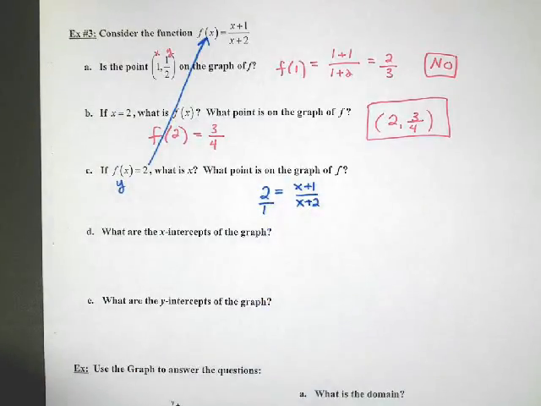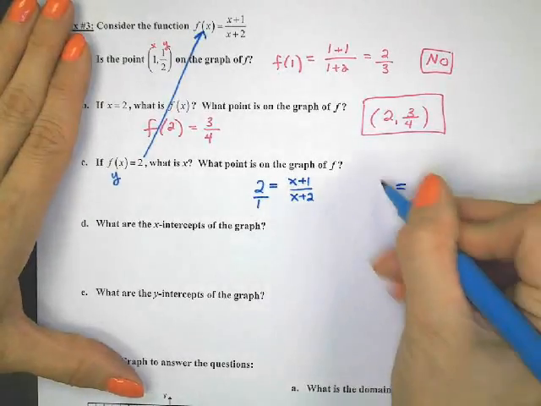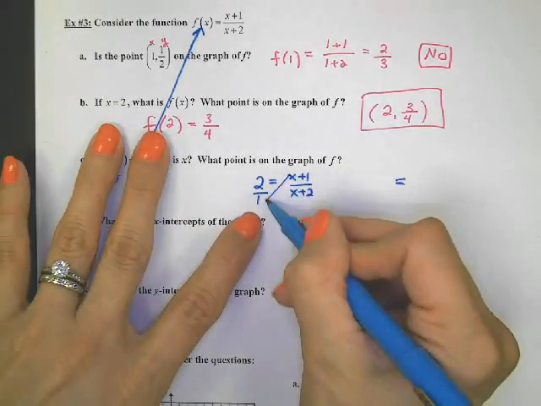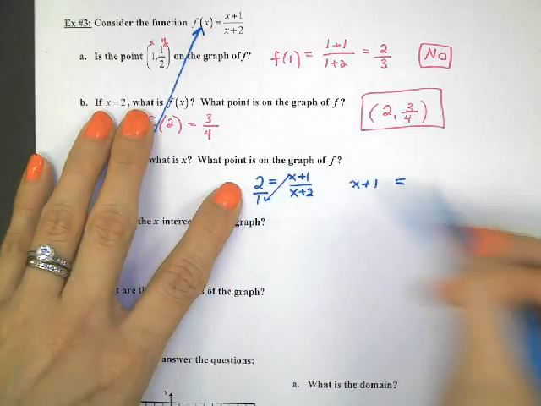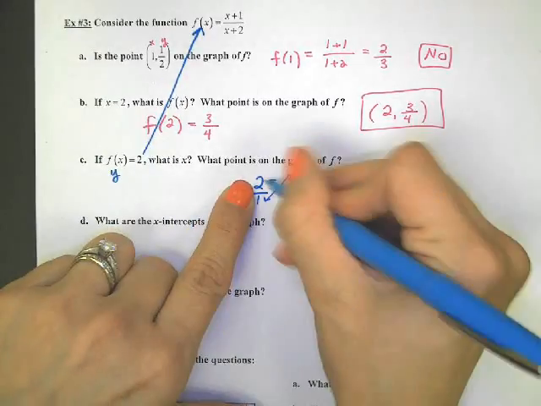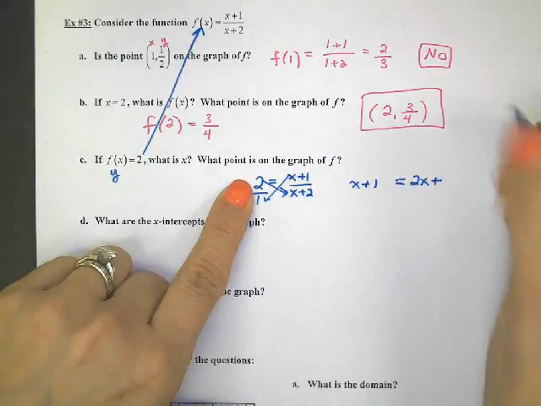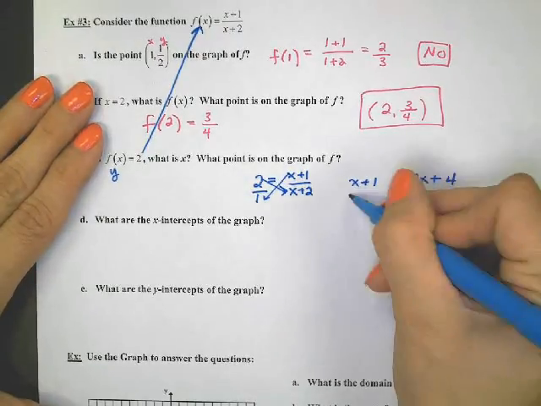And we can solve this if we cross multiply. When you cross multiply, you get a left side and a right side with an equal sign in between. So let's cross this way first and get x plus 1. Let's cross the other way and put that answer over here. It's going to be 2x plus, oh, don't forget to distribute the 2, that's right, 4. I think I'll move x's to the right.